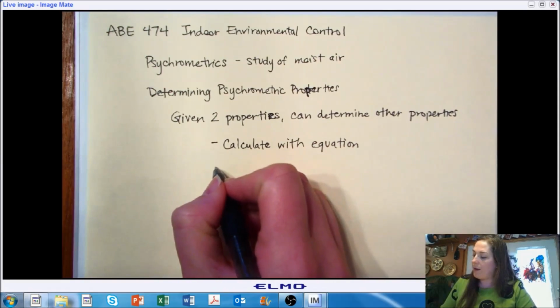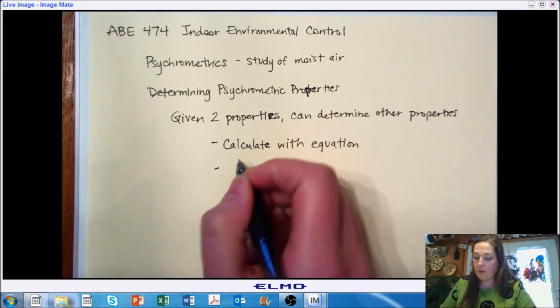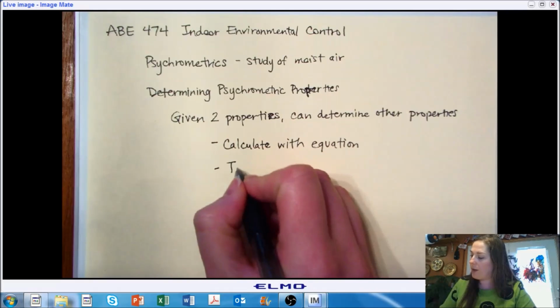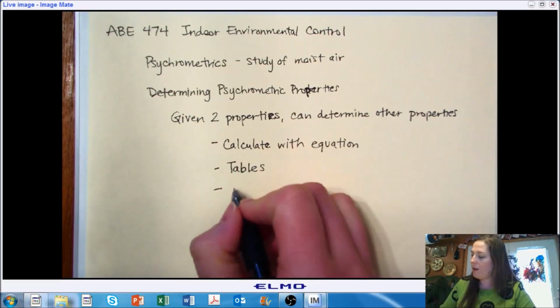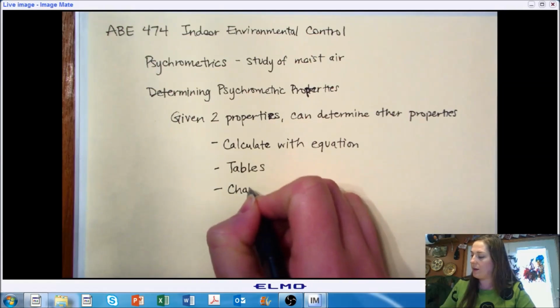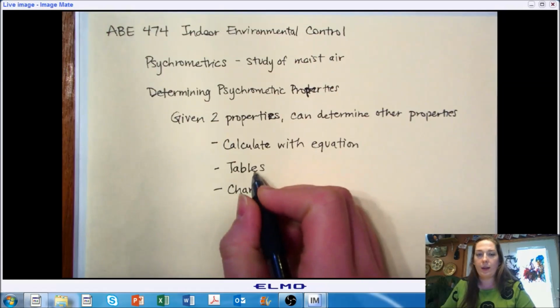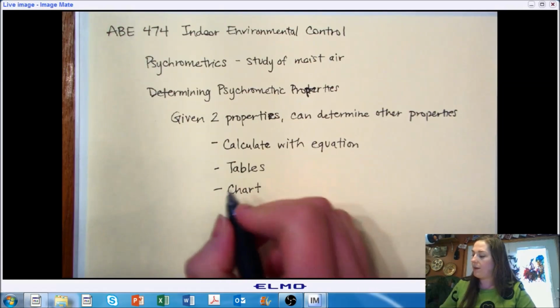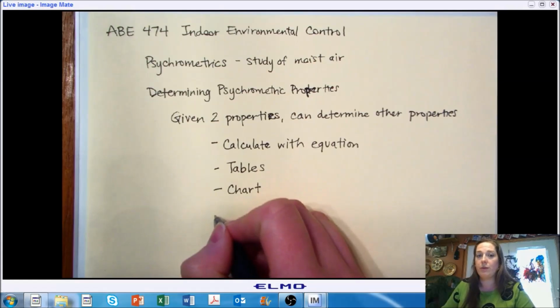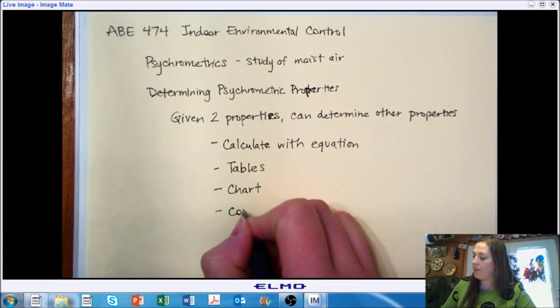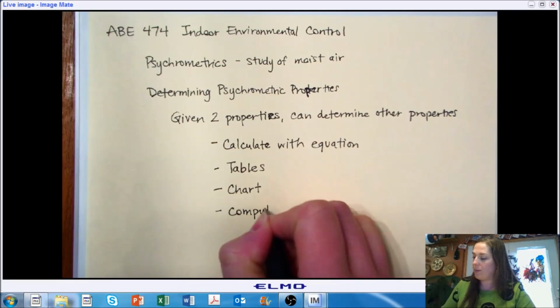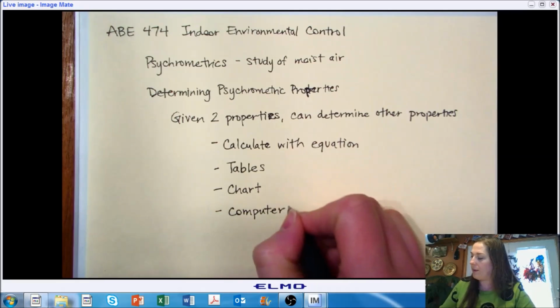Now we have a variety of forms that we might see those equations. So we have psychrometric tables. I'm not going to demonstrate those for you in this lecture, but they exist. You can find them. We have the psychrometric chart, which was introduced briefly at the end of the last session. And then we have calculators that are based on computer programs.